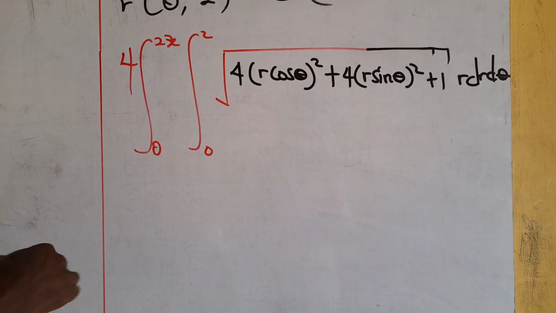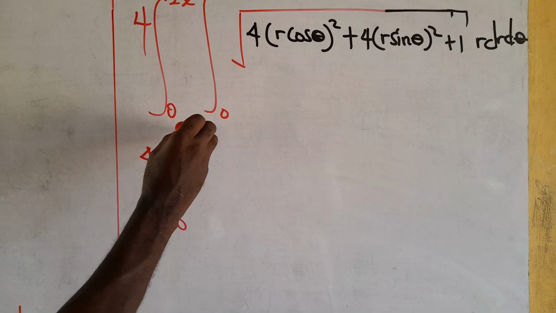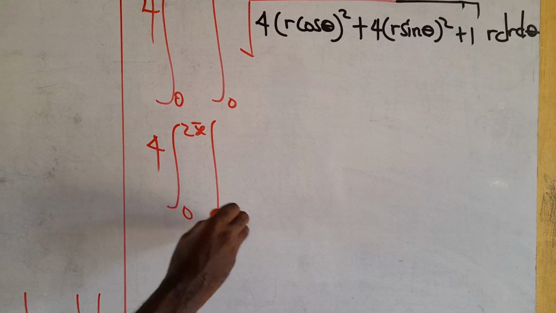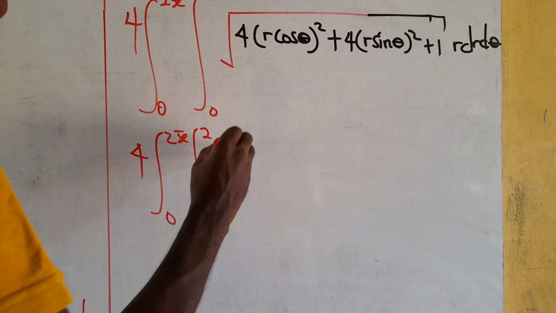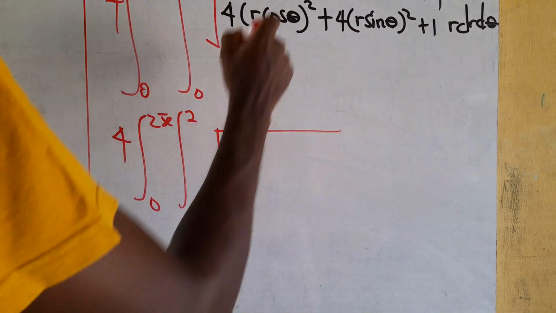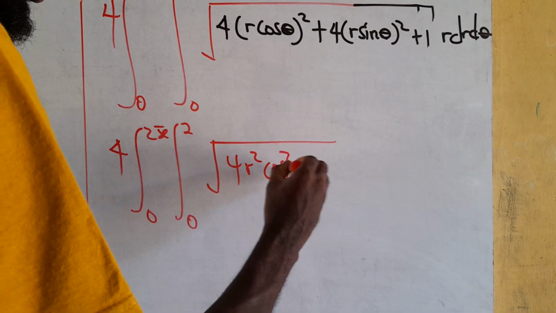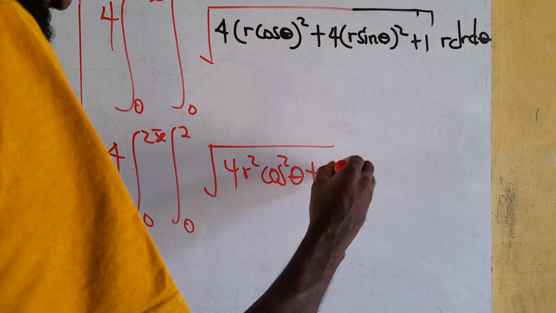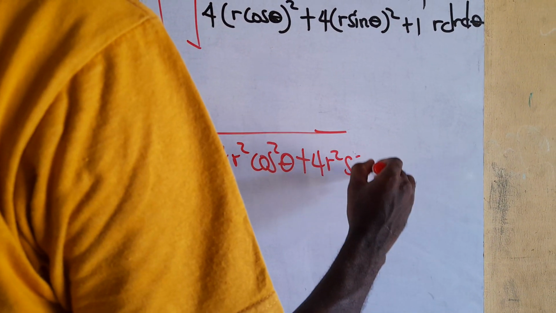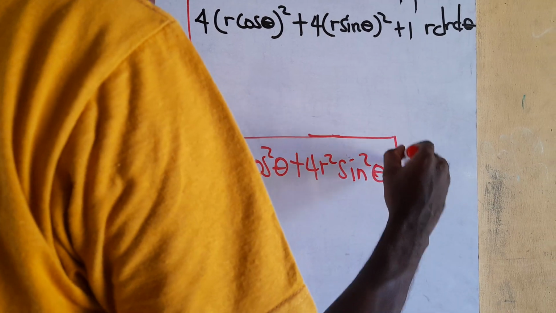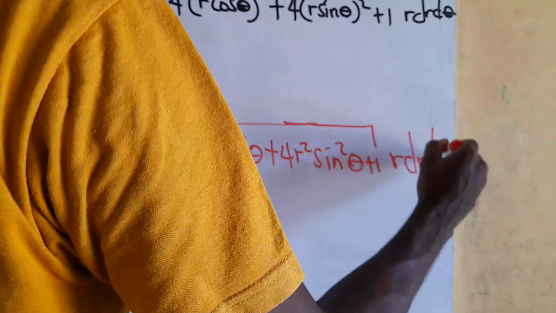So what do we have now? We have 4 times the integral from 0 to 2 pi for theta, the integral from 0 to 2 for the radius, of the square root of 4r squared cos squared theta plus 4r squared sin squared theta plus 1 times r dr d theta.